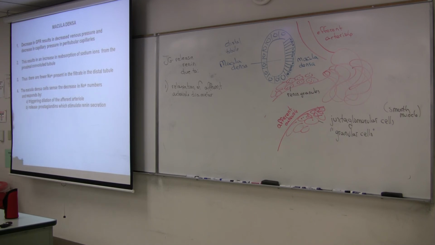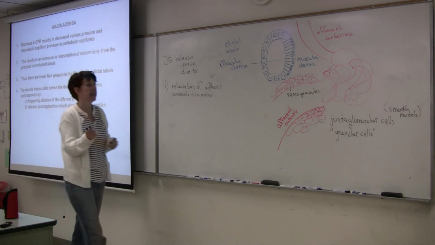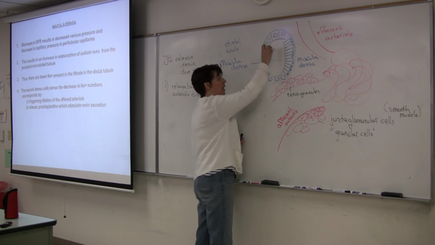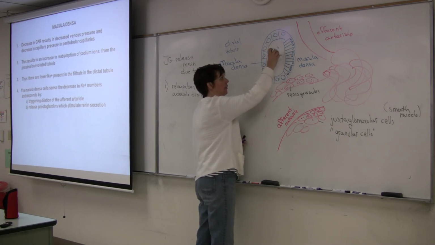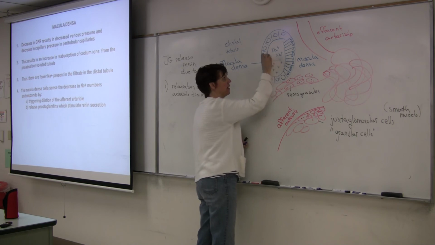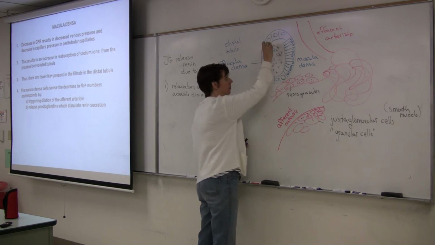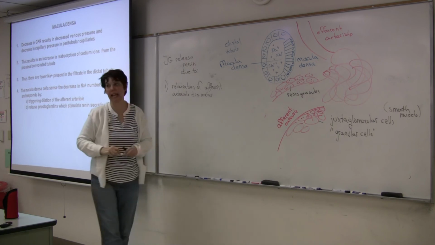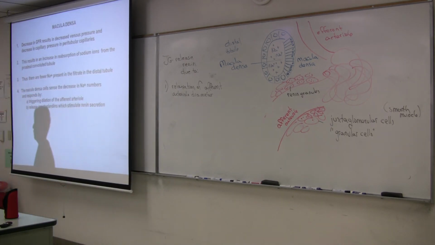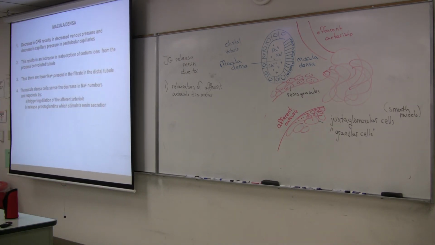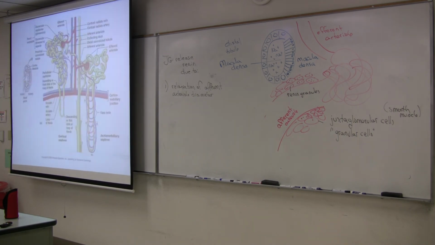So in the macula densa, these are sensitive to the level, the number of sodium ions present in the filtrate. Well, what does that mean? We haven't talked about the role of the proximal convoluted tubule yet, so let me just move ahead to this picture.